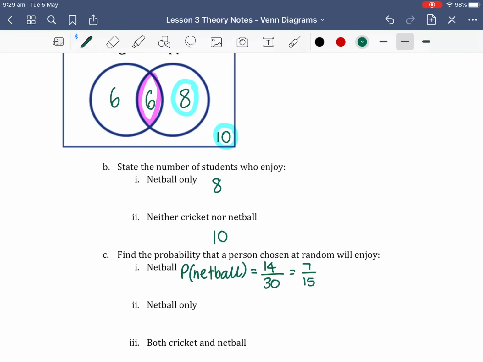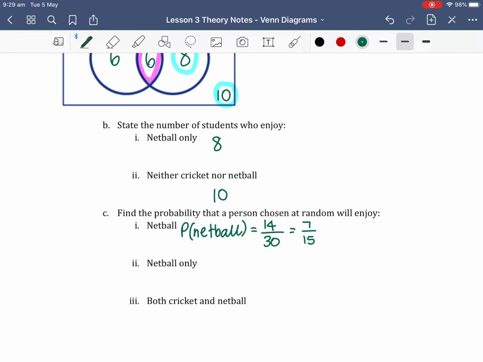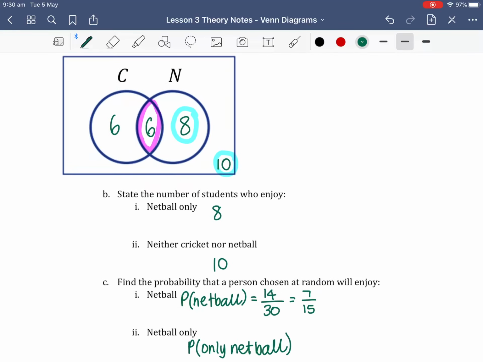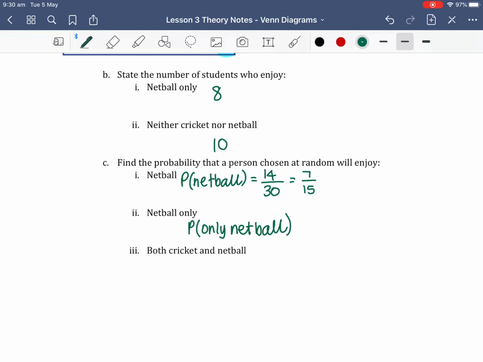Now we want to find the probability that a person chosen at random will enjoy netball only. So the probability of only netball. So that's going to be those 8 people back up here that only enjoy netball, because they don't enjoy cricket. So 8 over 30.